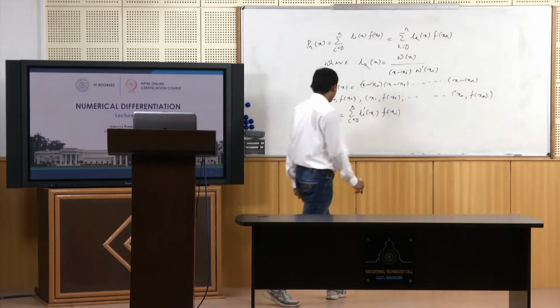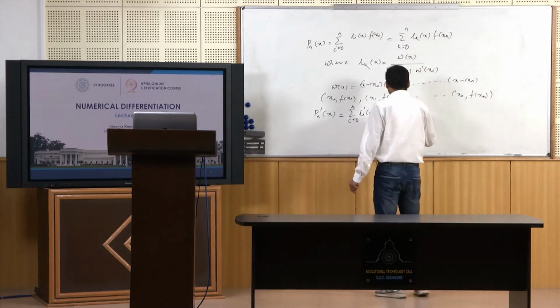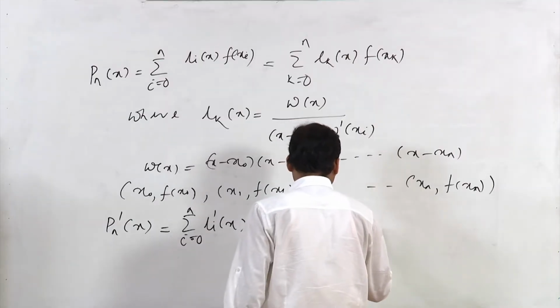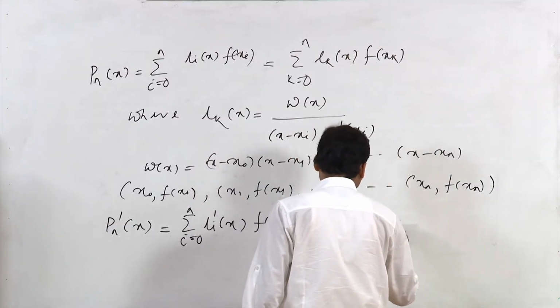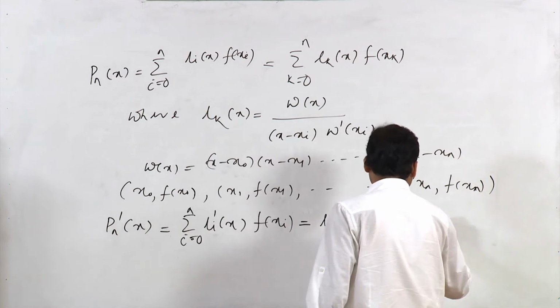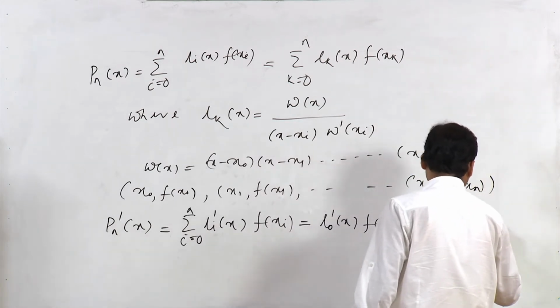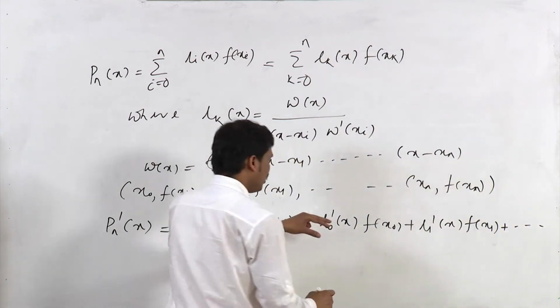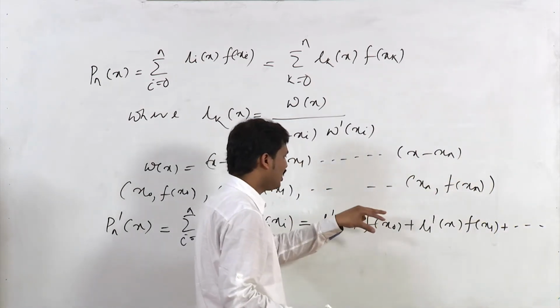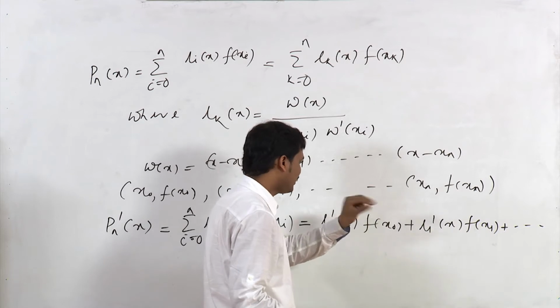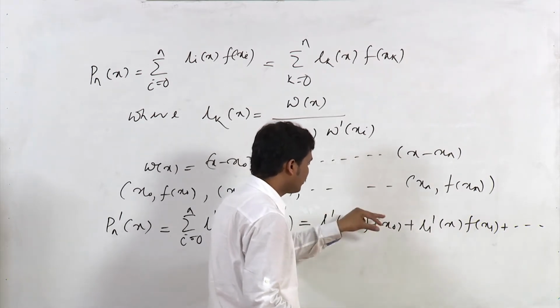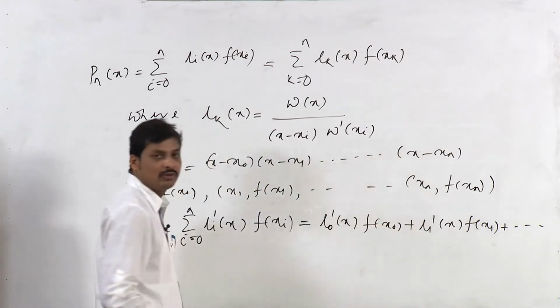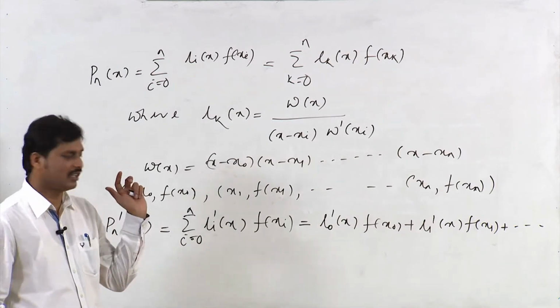If we write this in a complete form, we can write it as L0 dash of x f(x0), L1 dash of x f(x1), since we have these known values x0, x1 and x2 up to xn, and these functional values are also known to us, which all are constants here.